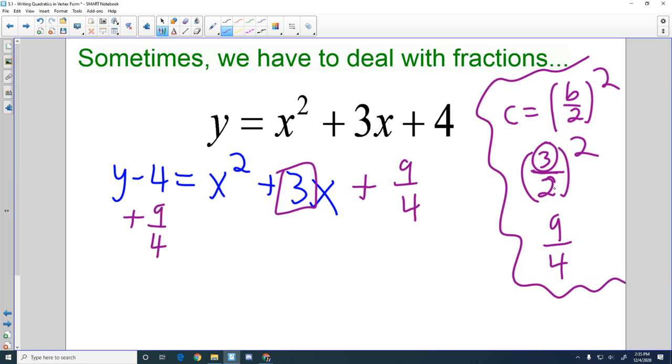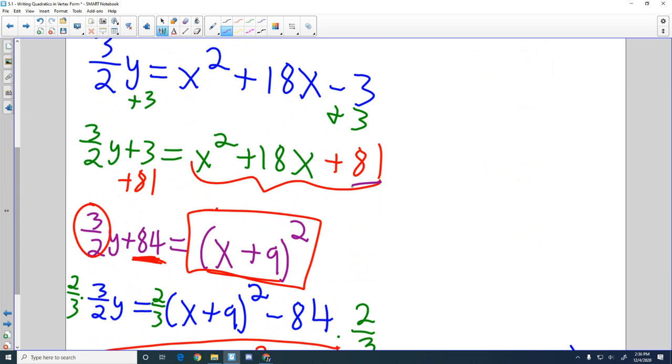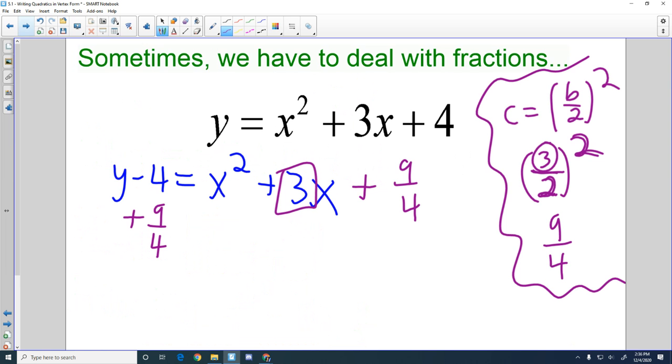I divided by 2. Then I squared that. Just like on any other problem, like over here, that's solving for c. Yep, getting the magic number, right? You take this number, divide it by 2, and square it. So that's what I did here. Divide this by 2 and square it, and we got 9 fourths.